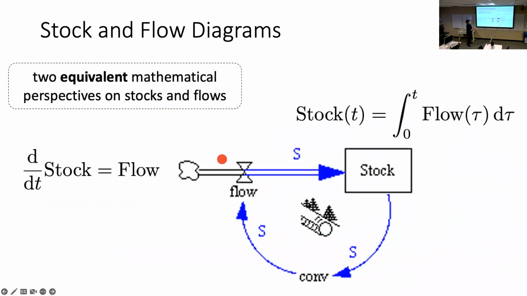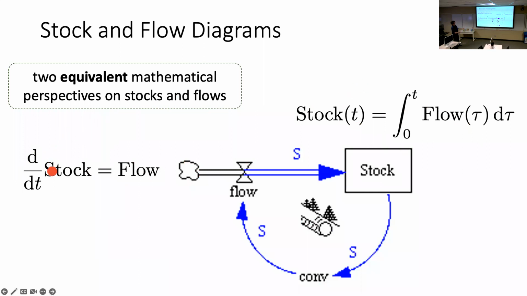And this diagram is identical to this differential equation, also identical to this integral equation. So these are all 3 identical versions of the same thing. So we can view stocks as taking integrals underneath flows. We can also view flows as being rates of change of stocks.